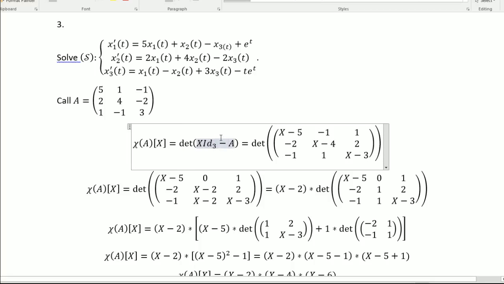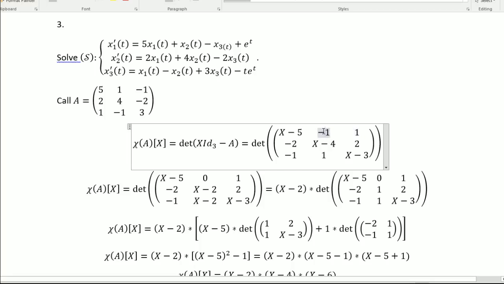This will help us get the eigenvalues, the spectrum. So we do that operation, and then we notice that there is a -1 here and a 1 here.